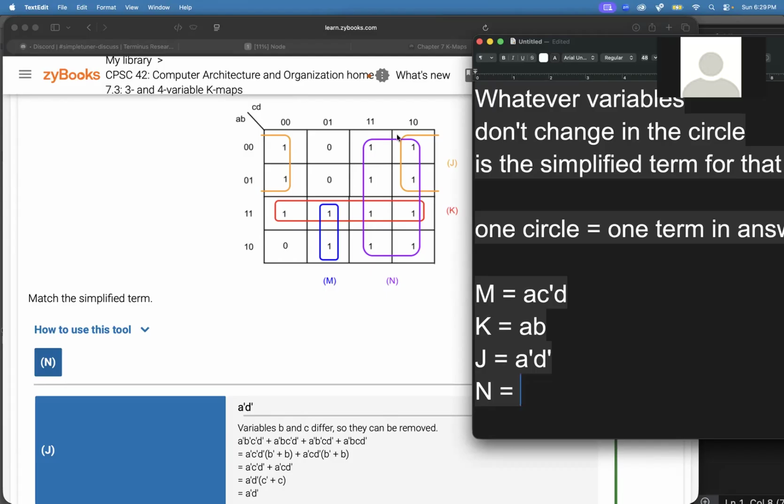Okay, B changes, so we don't write it. So we move on to C. This is C1, C1. Oh, so in this entire box, C is 1. So we write C. And then D, this is D equals 1, D equals 0. So D changes, so we don't write it. So the box is just C.